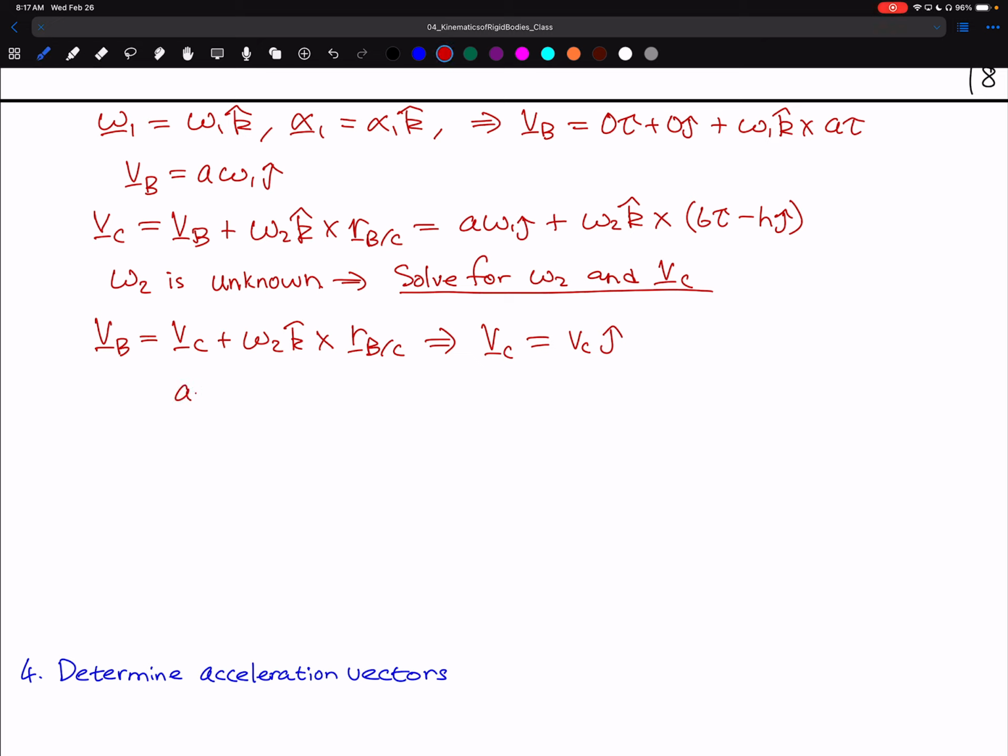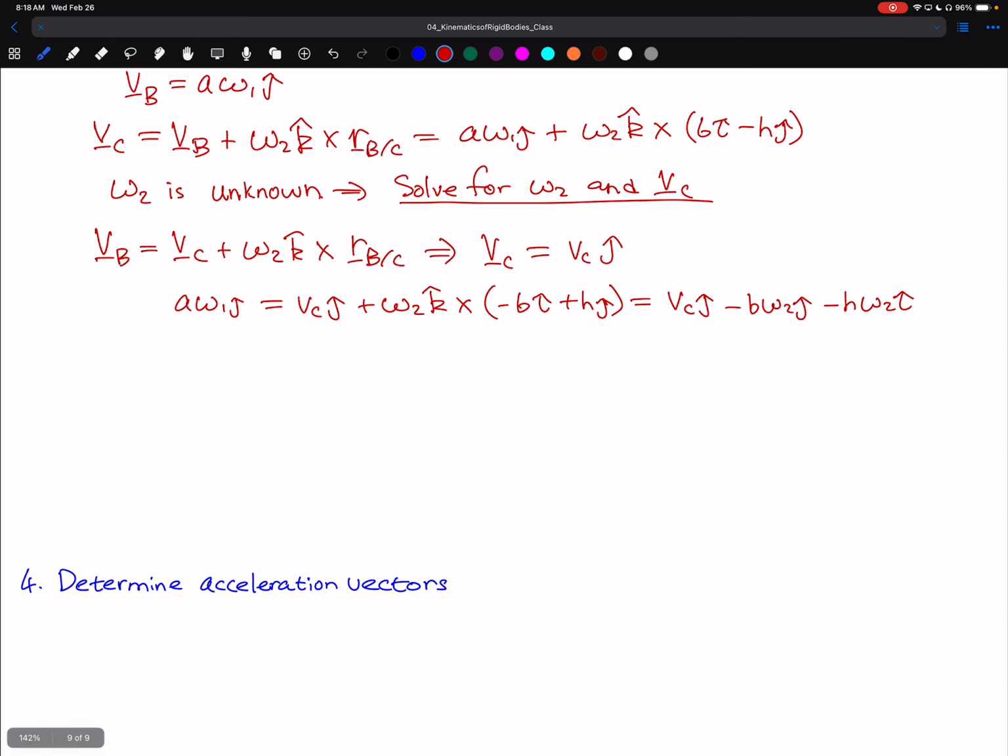So from here we'll get that A omega 1 j must be equal to VC j plus omega 2 k hat crossed with minus b i plus h j, and this gives you VC j minus b omega 2 j minus h omega 2 i, or in other words, this A omega 1 j must be equal to minus h omega 2 i plus VC minus b omega 2, that is in the j hat direction.